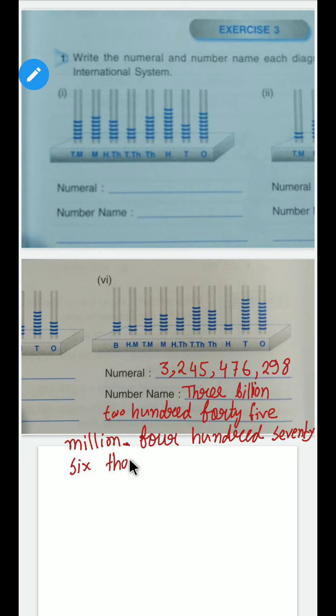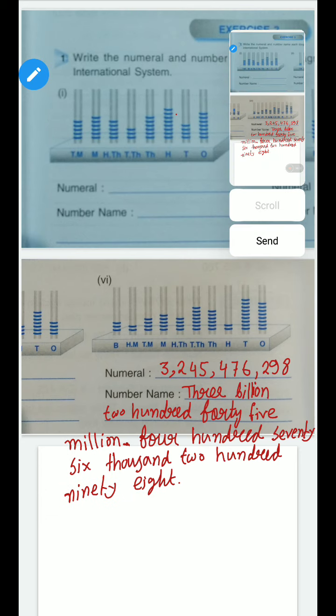Then 298 is in one room, so 298. So in this way you can do the rest of the problems in question number 1.